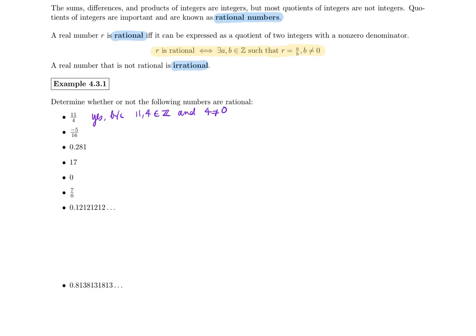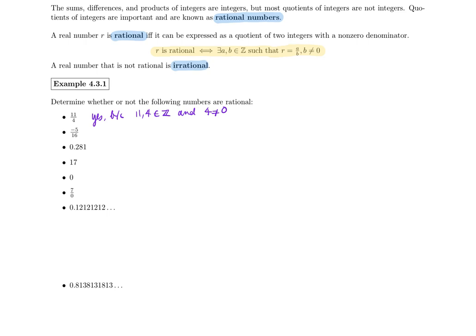So notice we have to include that the denominator is not equal to 0. That's going to become vital when we start writing proofs with rational numbers, because you're also going to have to include in the definition that you are not dividing by 0. So when we define a rational number to be equal to a over b, where a and b are integers, you will also have to remember to say that b is not 0.